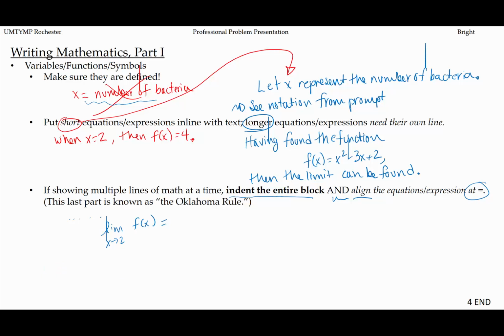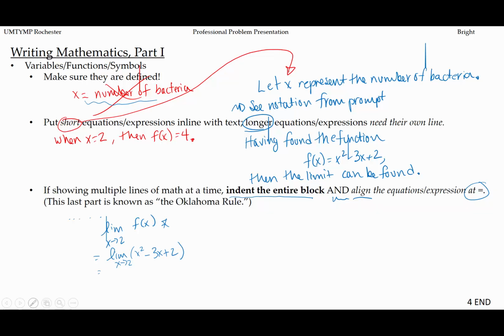equals, and let me back up here. Actually, let's not write it there. Instead, I'm going to write equals the limit as x approaches 2 of, and then we'll use that same function up there, x squared minus 3x plus 2, and then I would go on and do another line with another equal sign.